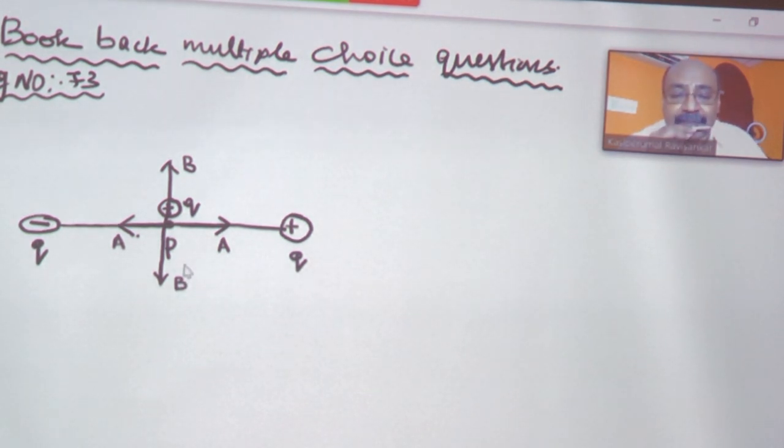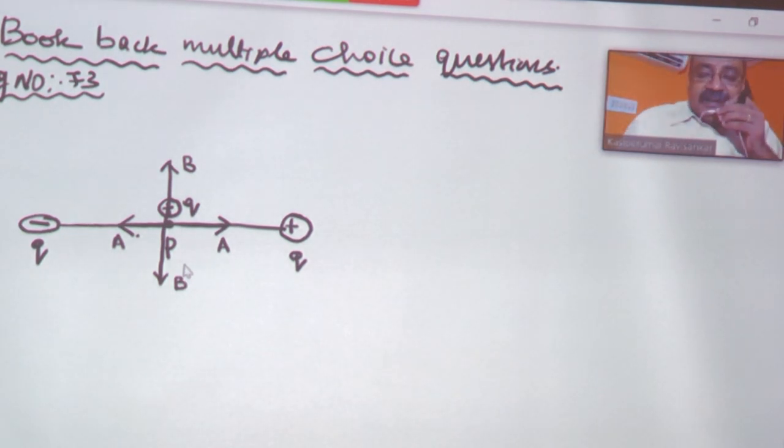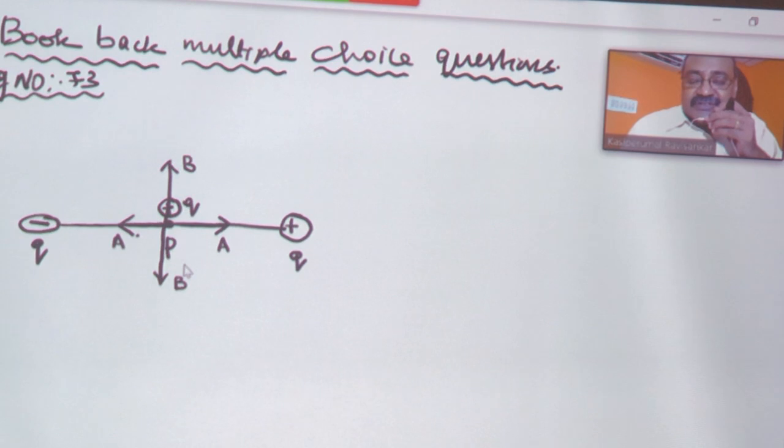Suppose this charge plus q is displaced a small distance from the point P in the directions indicated by arrows. The question asks, in which direction will the charge plus q be stable with respect to the displacement? Four options are given.